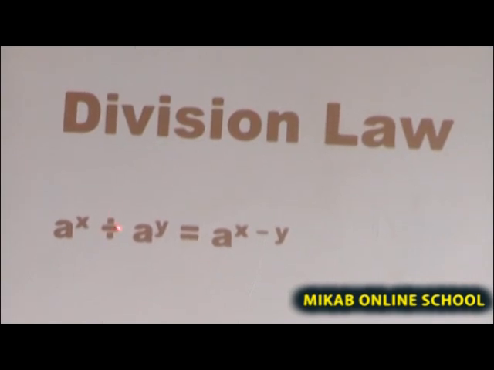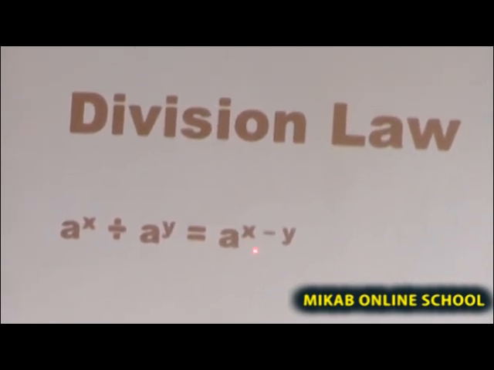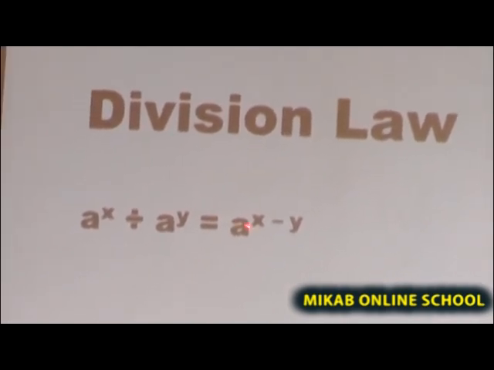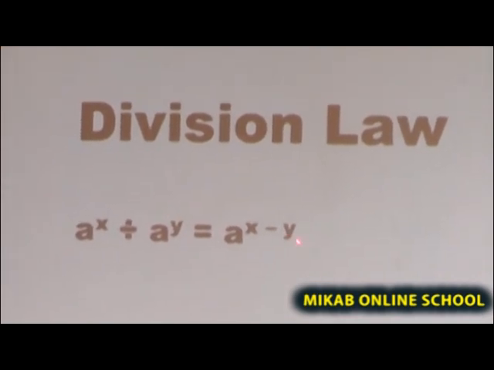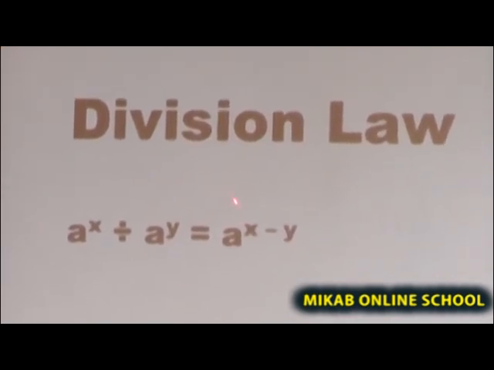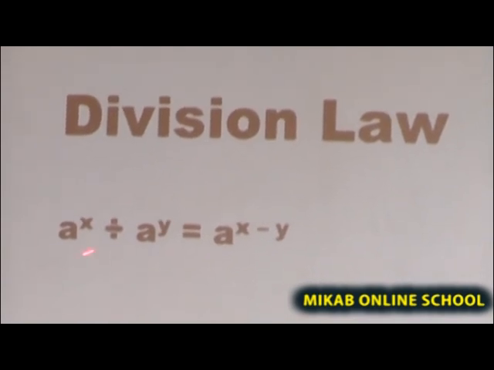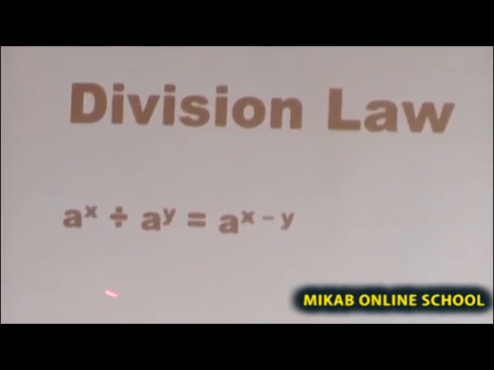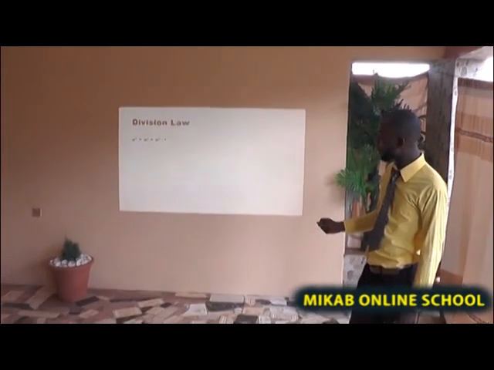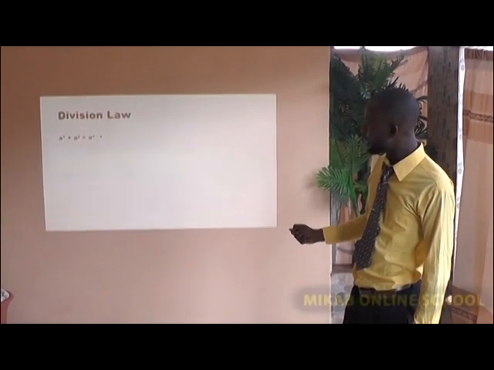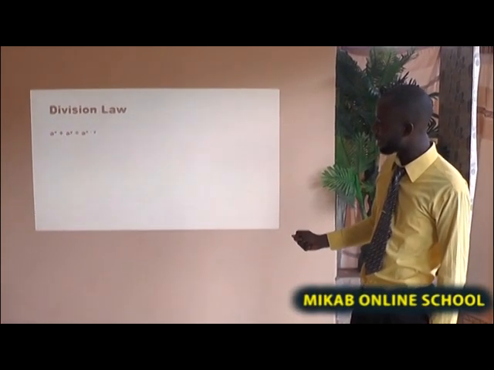The first power, you write at the top of the a, then the connectivity is division. You subtract the second power from the first one, and you arrive at a raised to the power of x minus y. This is what the division law is telling us: whenever you have the same base connected by division, you pick one out of the two bases and subtract the second power from the first one.